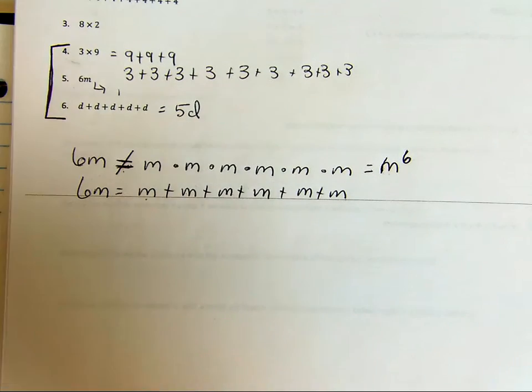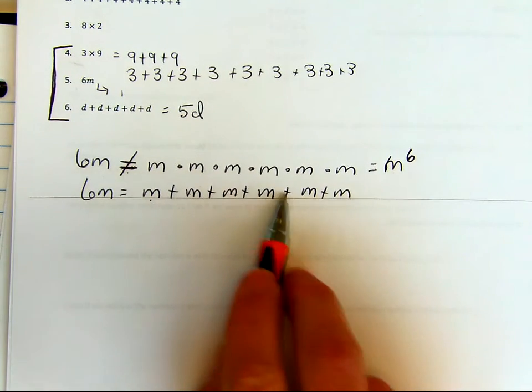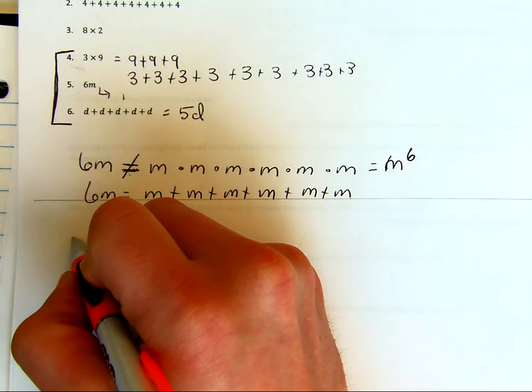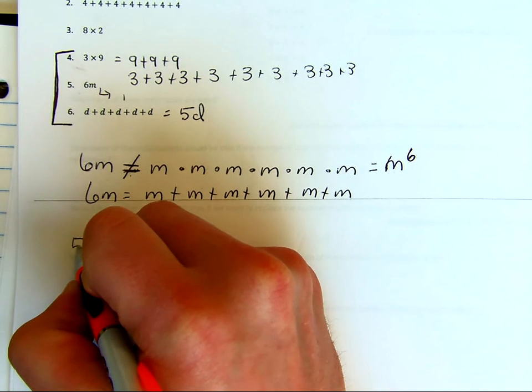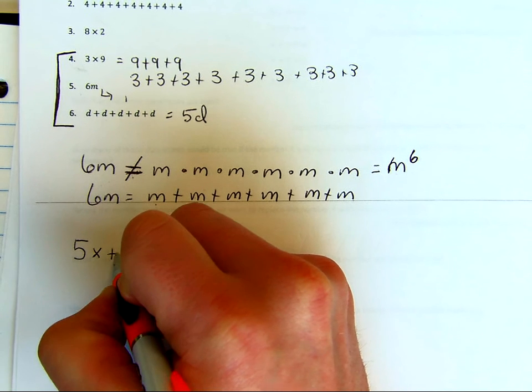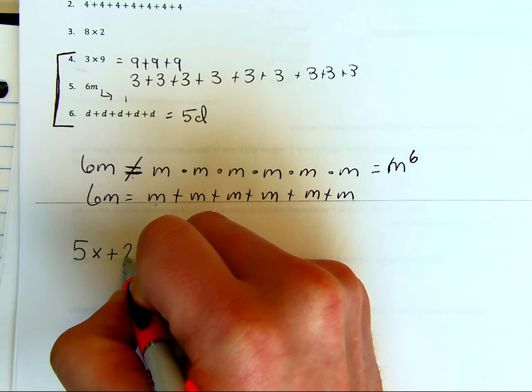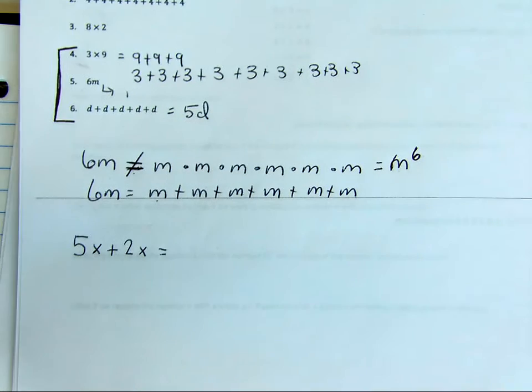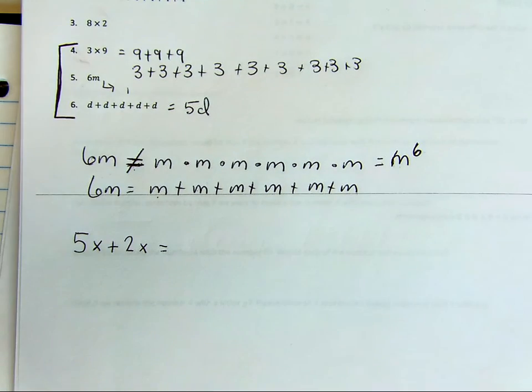So we saw how it works with adding and multiplying, how they're related. How do you think it would work if I did something like this? How do you think that would work? Chris?